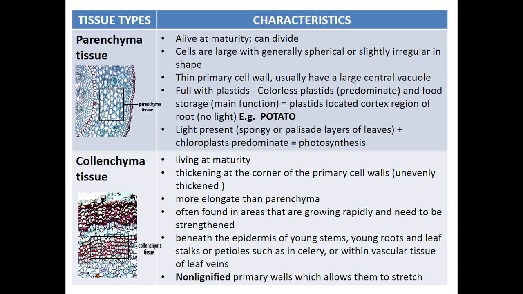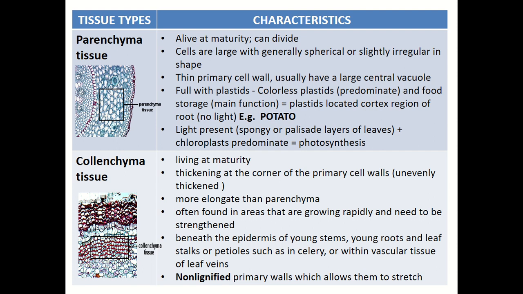Collenchyma is only living when mature, okay? And collenchyma at the corners becomes very thickened, to make up the primary cell wall, and the shape is more elongated compared to parenchyma. It is often found in the rapidly growing parts of the plant that need to be strengthened.